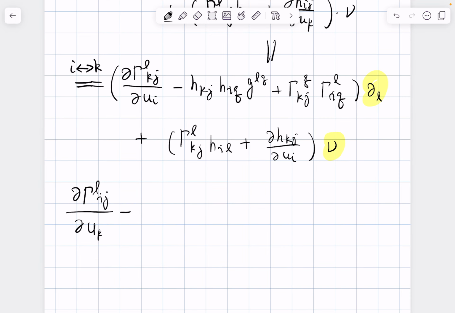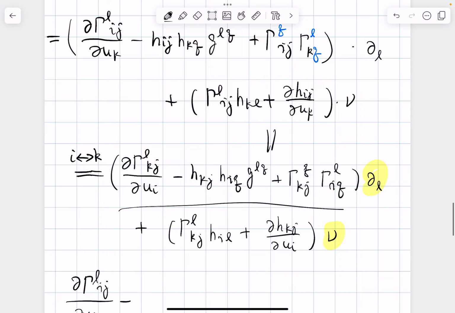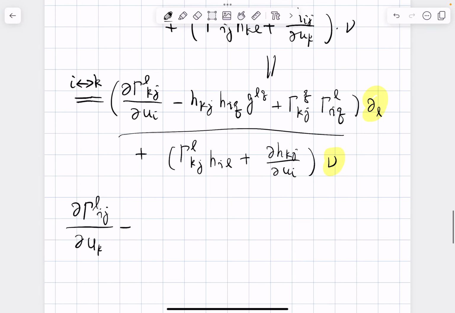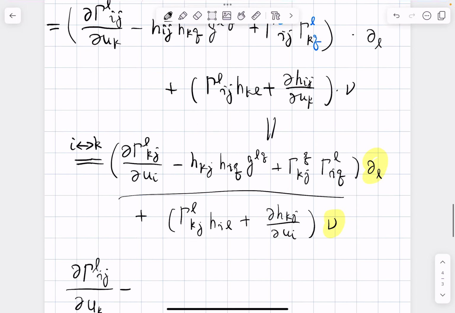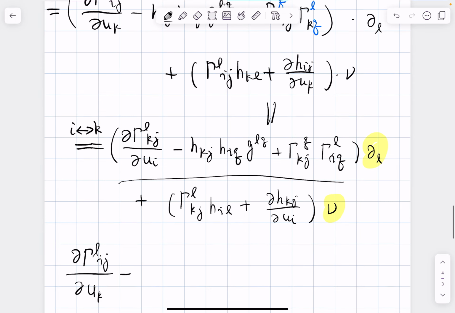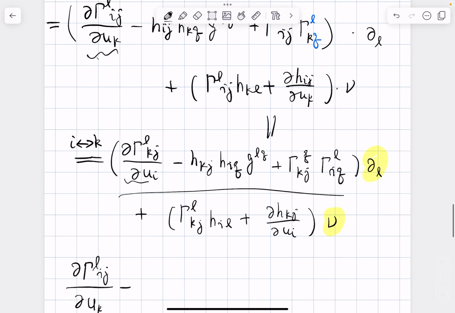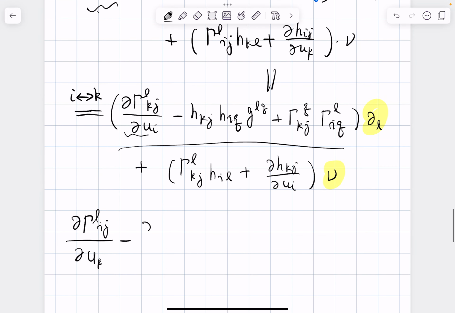So I try to move everything to the left-hand side. Move this part and this part. Put these two together: partial gamma L kj partial ui.